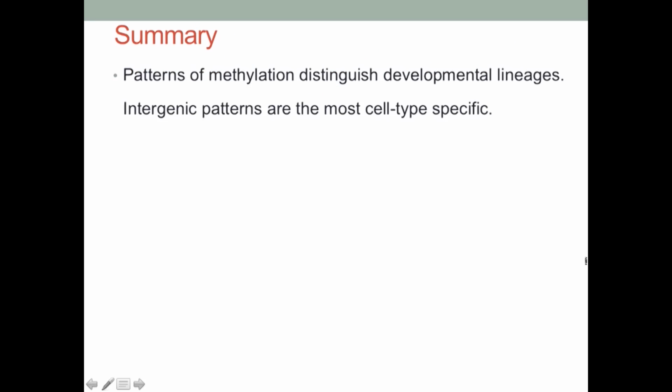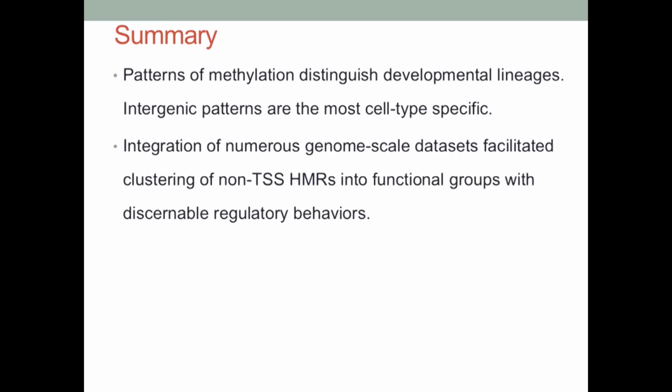So just to summarize the points that I tried to describe to you, patterns of methylation distinguish developmental lineages, and in fact, these intergenic patterns are the most cell type discriminatory. We were able to integrate numerous genome-scale data sets to facilitate the clustering of these non-promoter intergenic HMRs into functional groups with very discernible regulatory features.